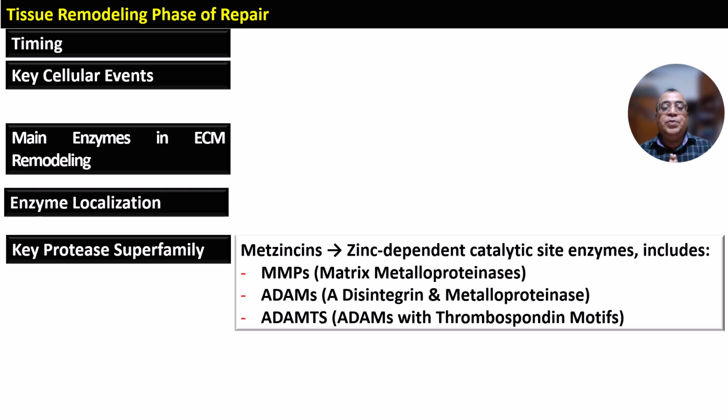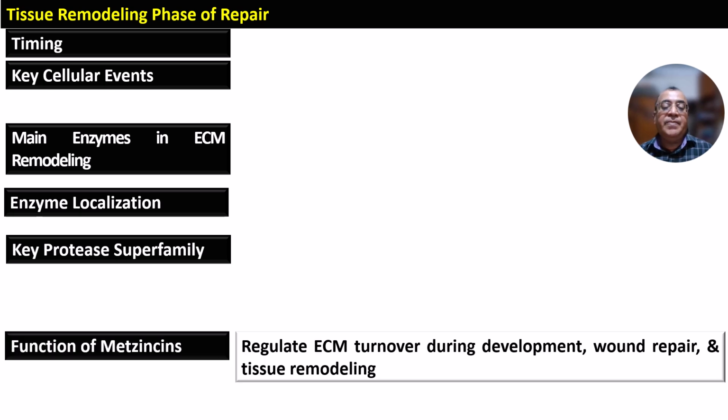The key protease superfamily that is involved in this process is the metzincins. These are zinc-dependent catalytic site enzymes. These include matrix metalloproteinases, ADAMs, a disintegrin and metalloproteinase, and ADAMTS, that is a disintegrin and metalloproteinase with thrombospondin motif.